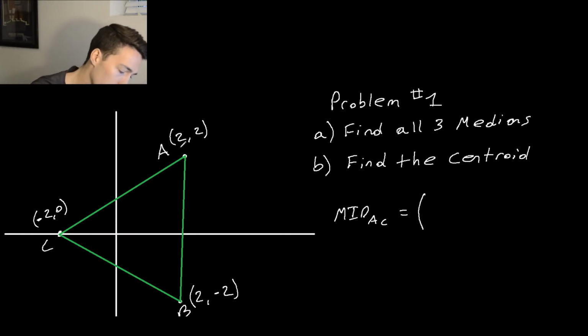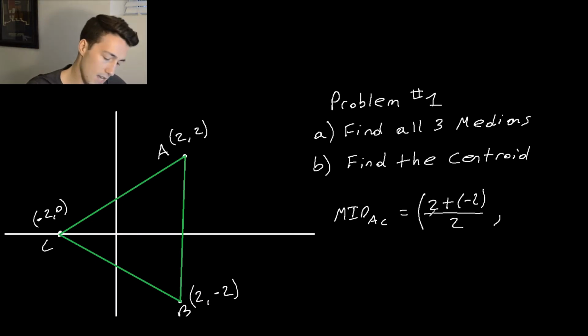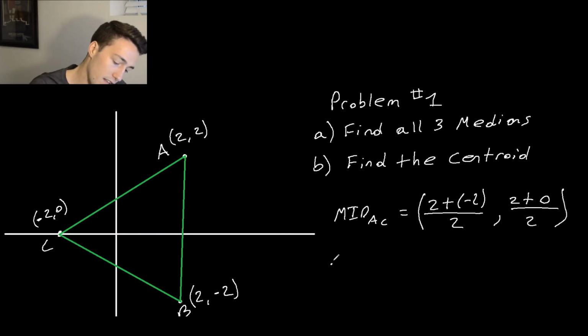So here we look at A, we see an x distance of 2, or a point at 2. We're going to do 2 plus, and then over here is C, which is negative 2, and then divided by 2. That's the x point of this midpoint. And then we get 2 for A plus 0 for C, which gives us our y point.